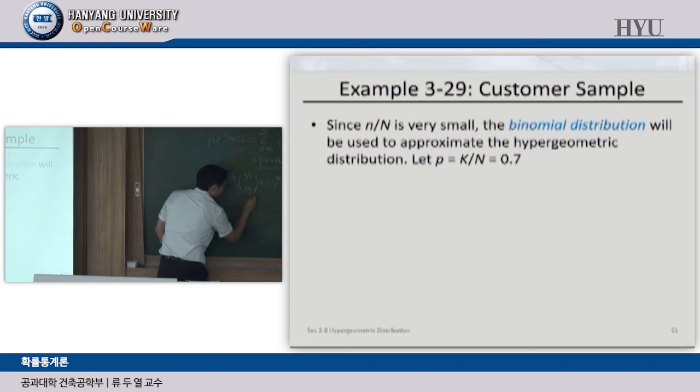And 50 choose 46 is 50 factorial over 46 factorial multiplied by 4 factorial.